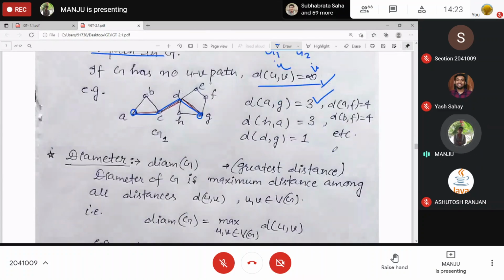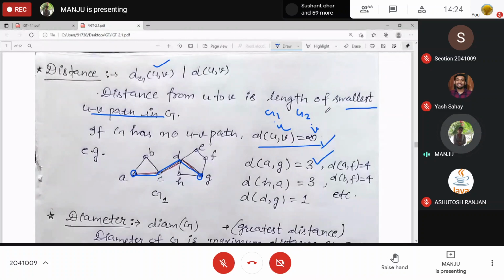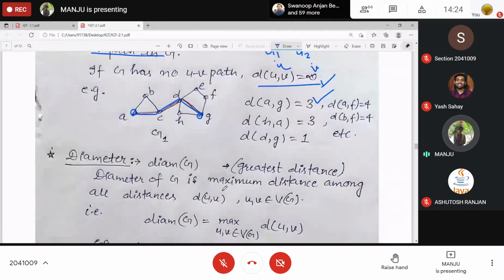Then the diameter: first find all the distances between every two points, A to B, A to C, A and D, A and H, A and E, A and F, then C and B, C and D, like that. Find all the distances and take the maximum. First we take the smallest path length for distance, and then we maximize it.